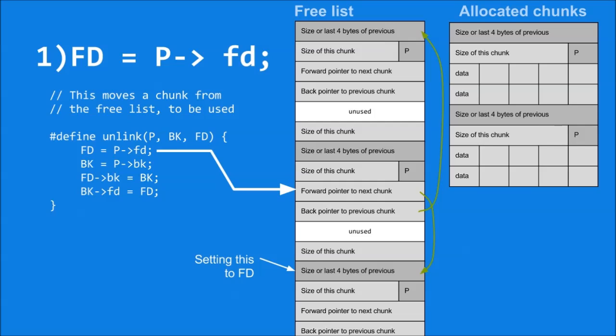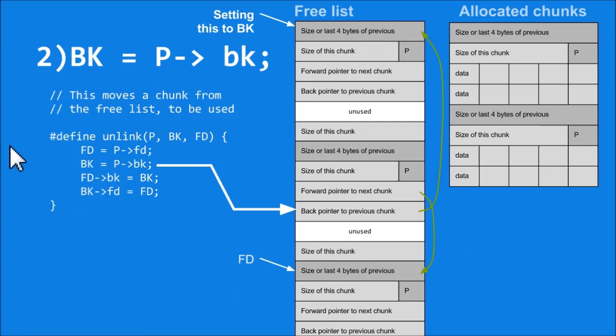The first thing that happens is we set the forward pointer equal to the current chunk's next pointer. So we take this data located in P, find out where the next chunk is pointing, and set that to be our temporary value for FD. And we do the same for BK. These green arrows are illustrating what these are being populated with. Forward is pointing down here to the next one. Back is pointing all the way back to the beginning of the previous chunk.